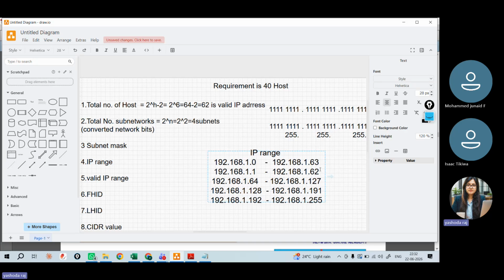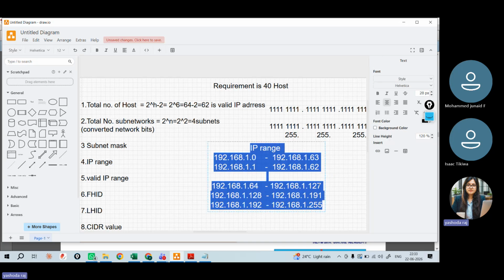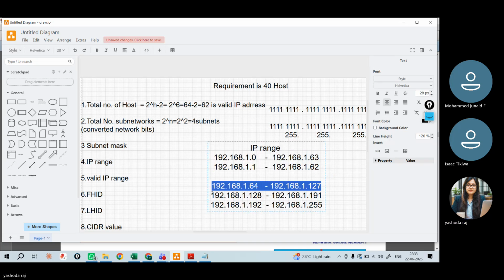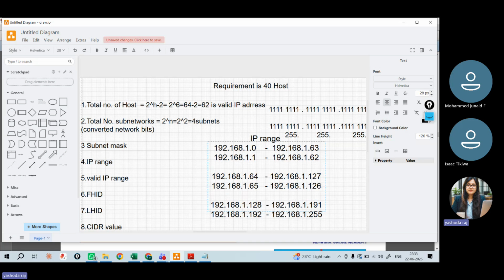Then 1.1 to 1.62 is nothing but valid IP range for the first network. Again, 64 is a network ID, starts from 65 and ends with 126. This is for the second network. 64 is network ID, 127 is broadcast ID for that network. Clear?